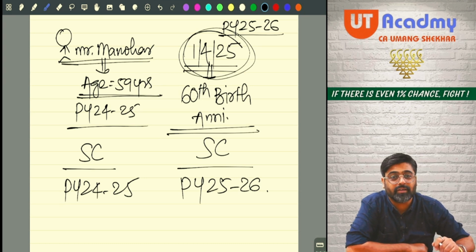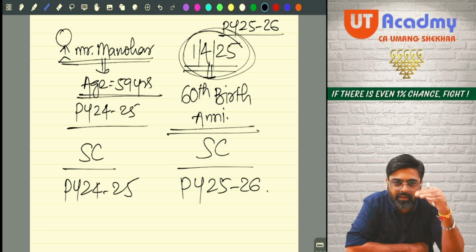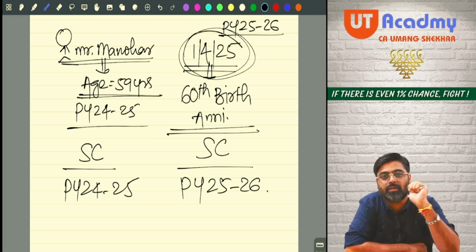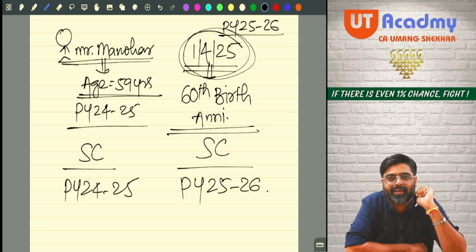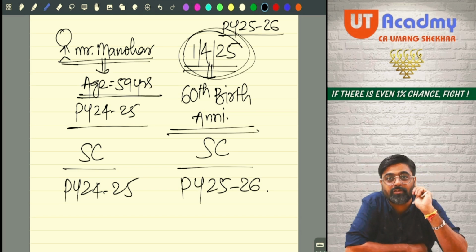Okay, Akshaya is saying 24-25. Kanu is saying 25-26. Okay, see, we are a few people sitting in the class and discussing this, and we are confused about from which year Mr. Manohar should be treated as a senior citizen.